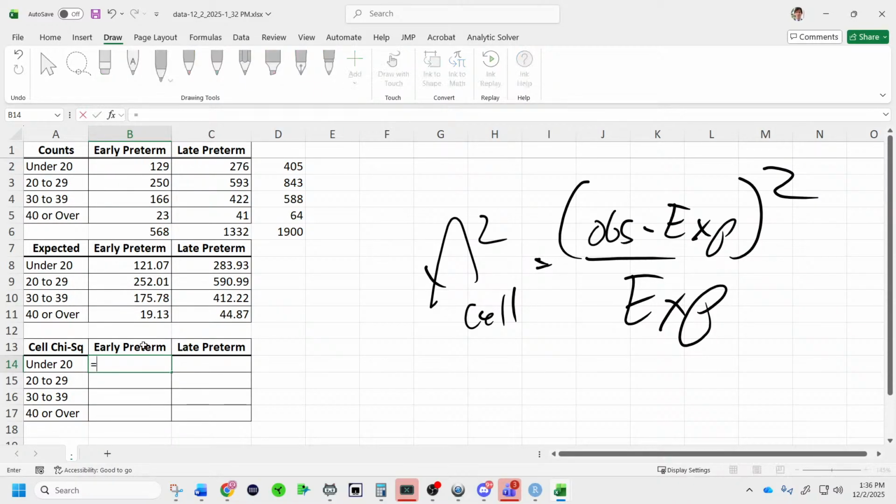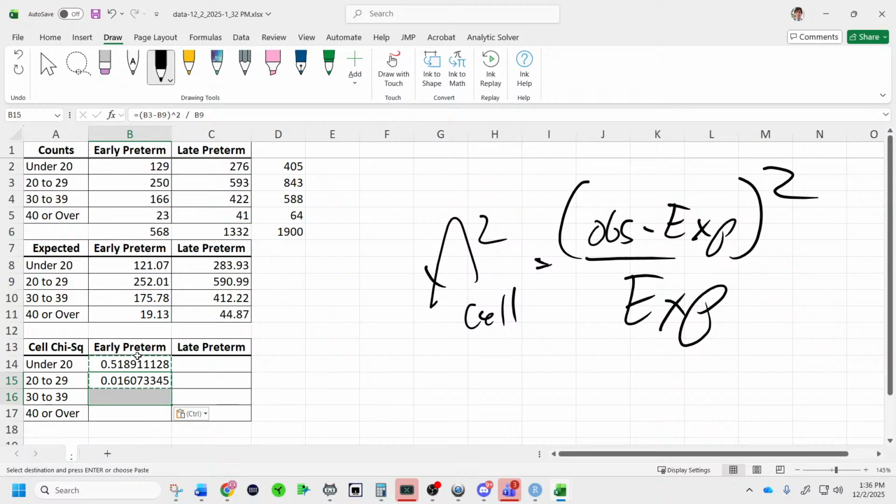And this one's nice and easy because we can just go here and do observed, which is the same thing as count. Those are synonymous words. This is how many we count in this area, how many we observe in this area, the actual value. And then observed minus expected, let's put it in parentheses, observed minus expected quantity squared divided by expected. And this one just copies all around.